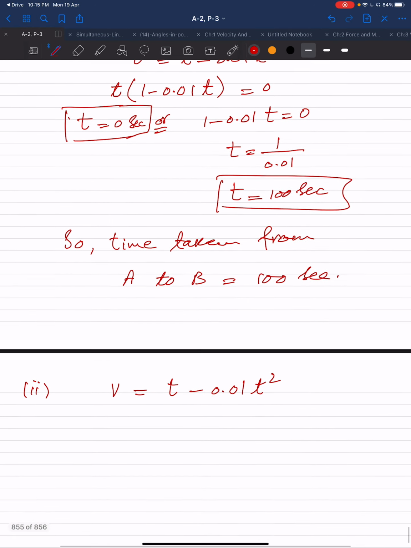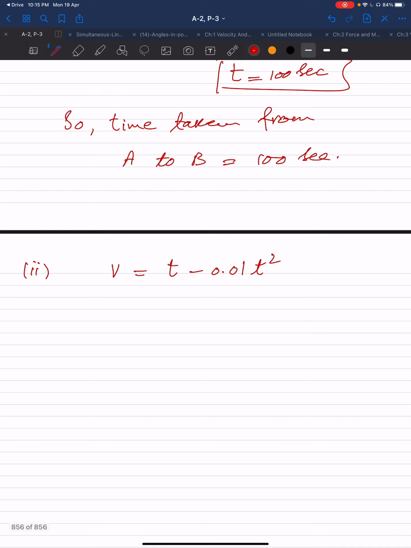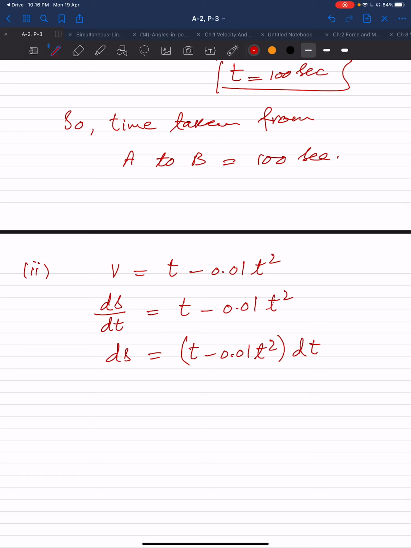You know that v is the change in displacement over change in time, so ds by dt is equal to t minus 0.01 t square, and ds is equal to (t minus 0.01 t square) dt, taking integration on both sides.